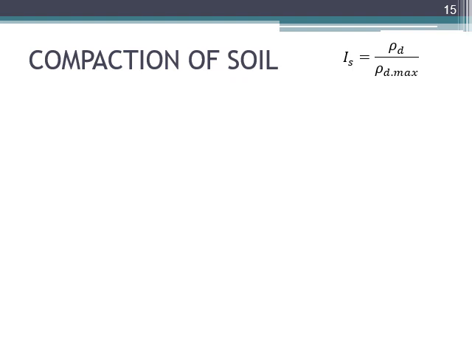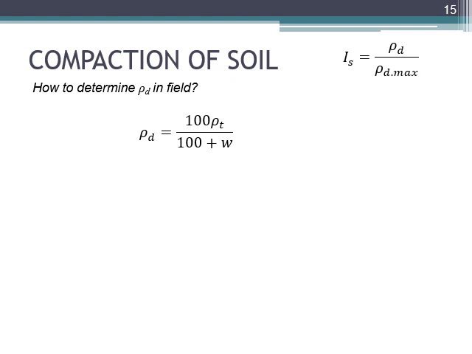How to conduct the Proctor test, you know perfectly well because you have done it personally. But how to determine the dry density in field? Well, here again we can use this formula. So if we know the bulk density of the soil and its water content, we can calculate the dry density.